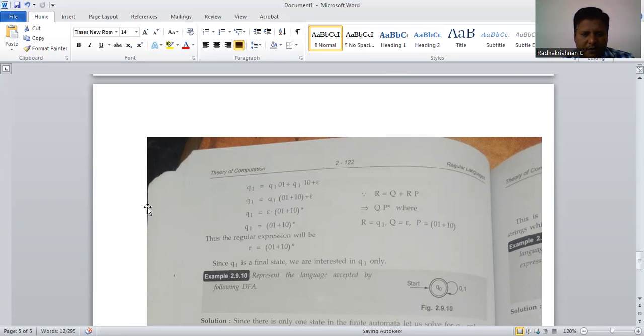Taking the common term outside, Q1 is equal to Q1 (01 plus 10) plus epsilon. Comparing with the general rule of Arden's theorem, we get R equal to (01 plus 10) whole power star as our solution. So that's all about the Arden's theorem derivation and identifying the regular expression in the given automata.